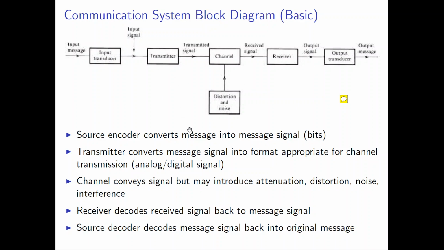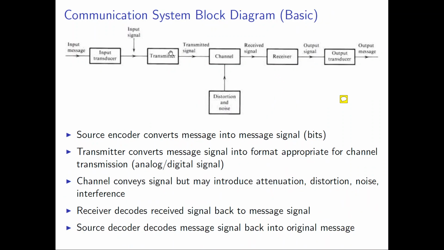So also this block diagram includes the source encoder that converts messages into message bits, and the transmitter that converts message signals into a format appropriate for the channel. I already mentioned all these while I was explaining the block diagram, but if you want to understand more about these things, you can go to the book that we are considering.